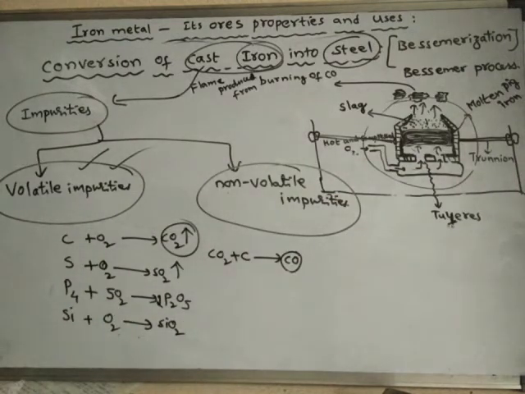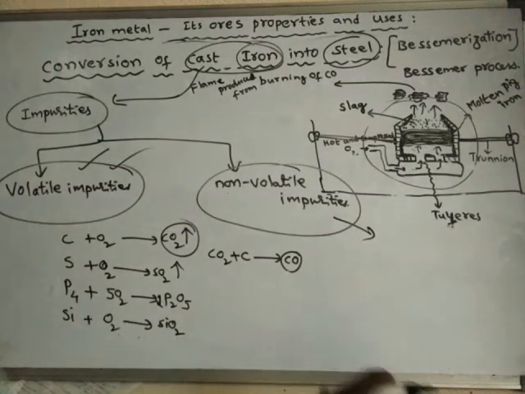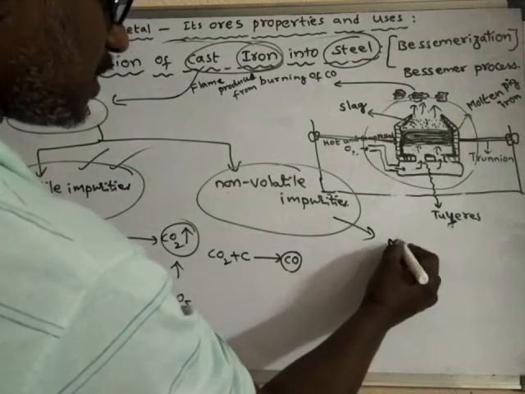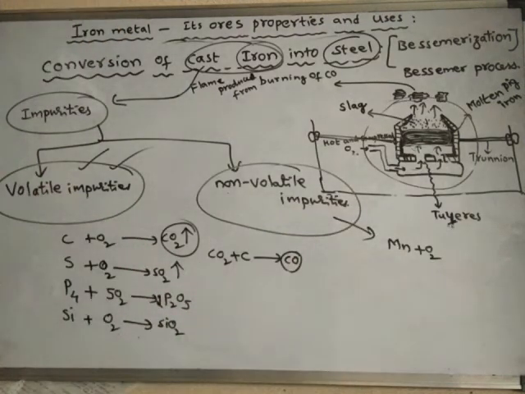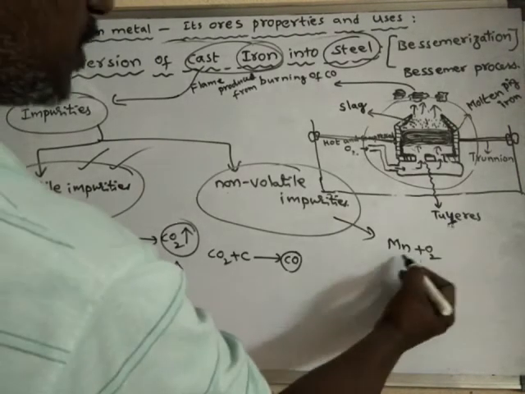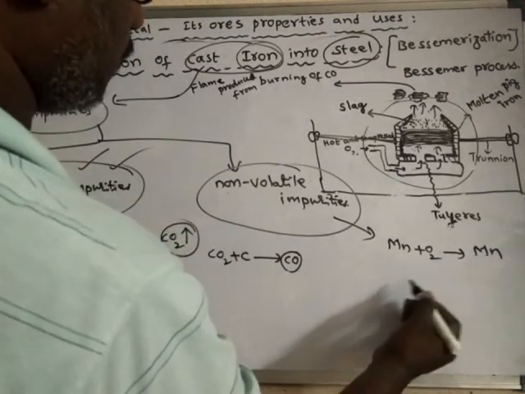Now if you speak about the non-volatile impurities, like manganese: volatile impurities react with this oxygen, and non-volatile impurities also react with this oxygen and convert into their oxides. So manganese is a non-volatile impurity.